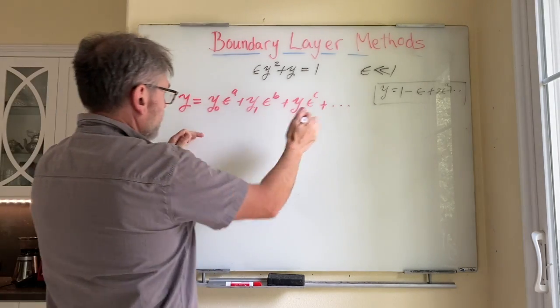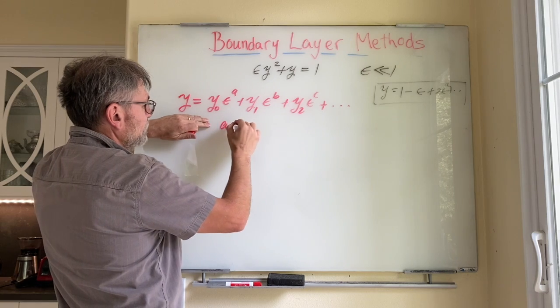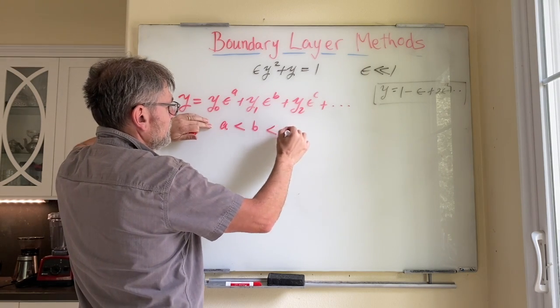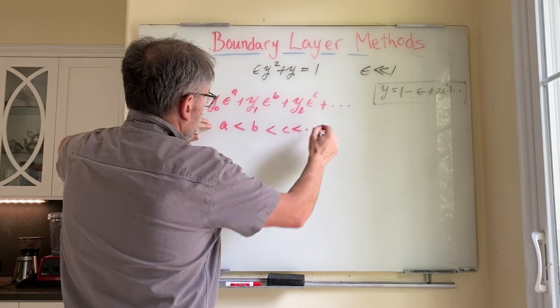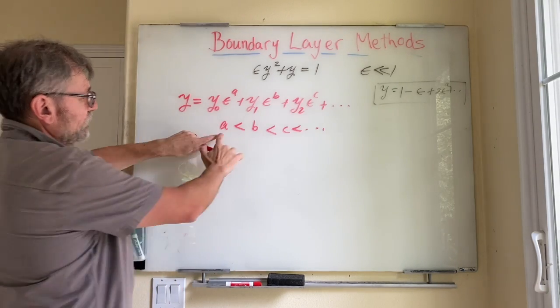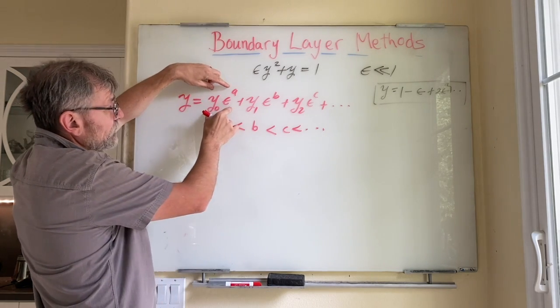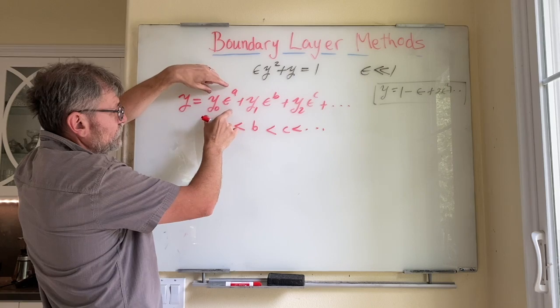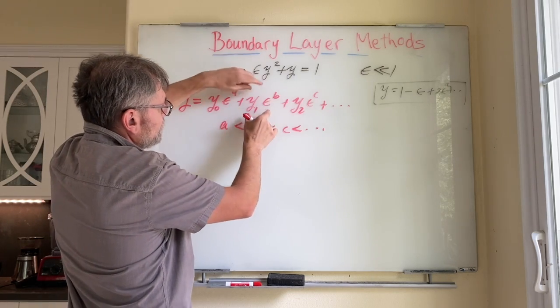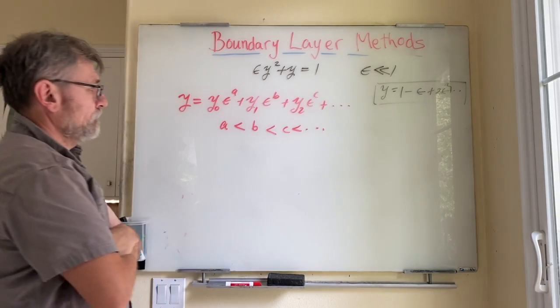For this to be a well-ordered series, with each term getting progressively smaller, we want a to be smaller than b, smaller than c, and so on, right? Because remember, epsilon is going to 0. If we ensure that a is less than b is less than c and so on, then in the limit where epsilon goes to 0, this term will be bigger than this term, which will be bigger than the next one, and so on.